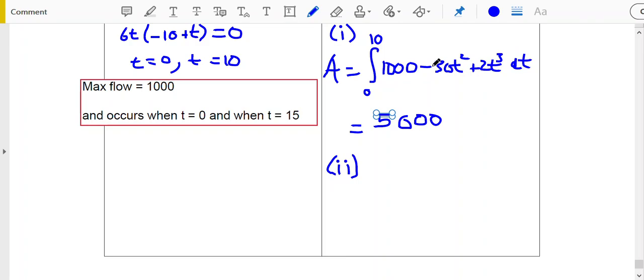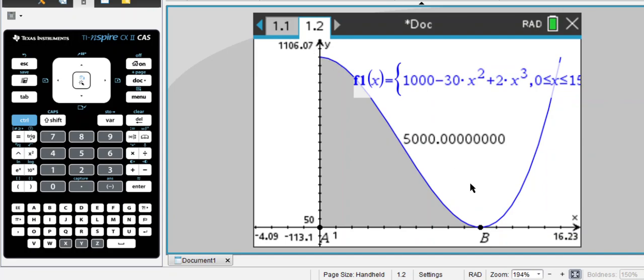The equation we're looking at on the screen is the rate of flow. So the area under the curve in this case means that 5,000 million liters of water has flowed from the reservoir in the first 10 hours.